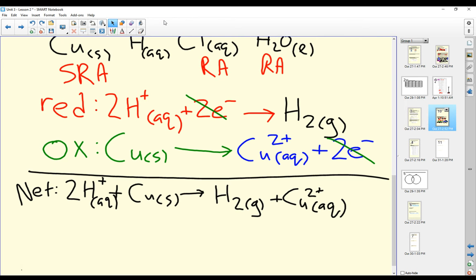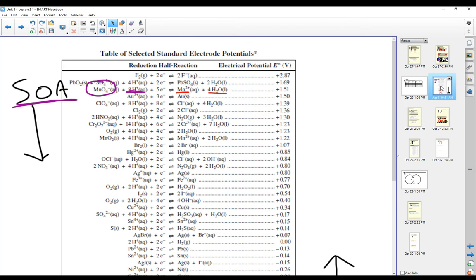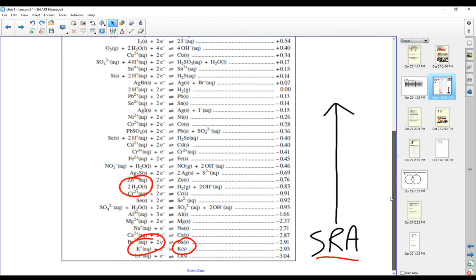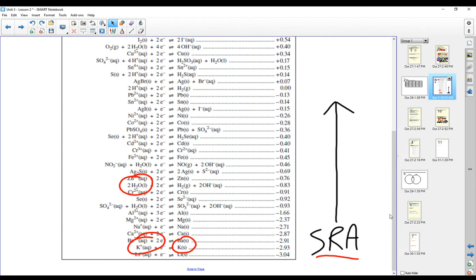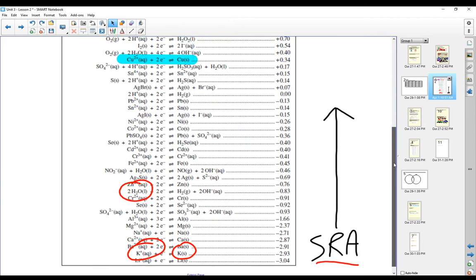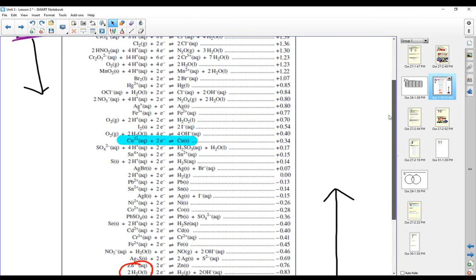So let's go take a look for our H2 and our Cu2 plus. Let's find copper. Where is copper Cu2 plus? I'll put my highlighter so we can see it clearly. Cu2 plus would be here. And then we need to find that reaction of H, which when you're doing these on your own, you would have this done already.